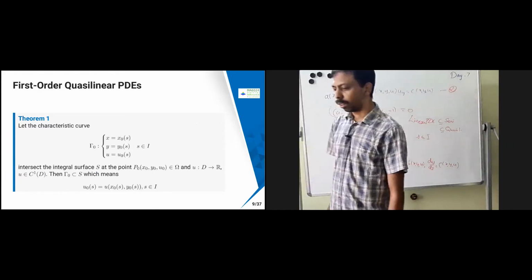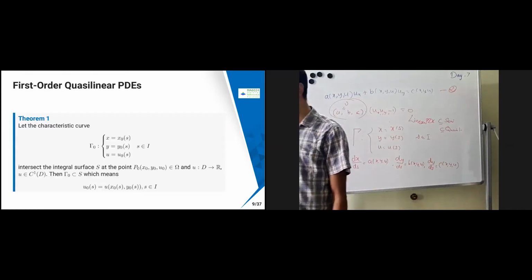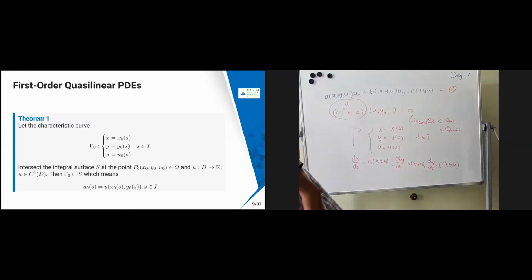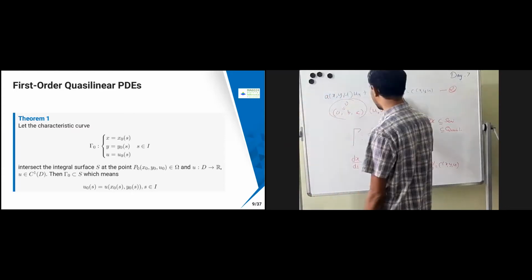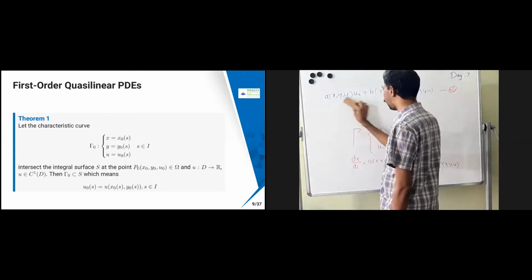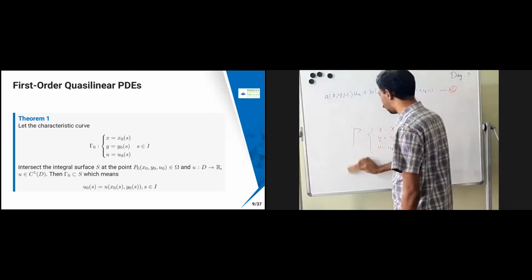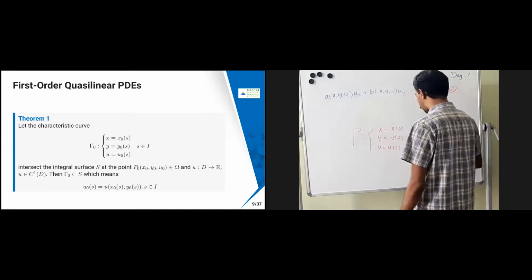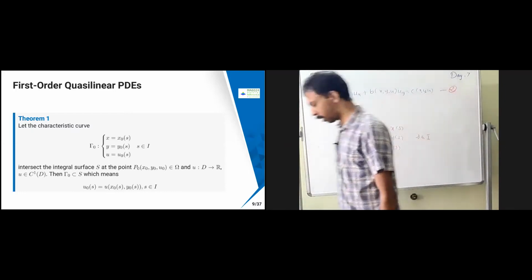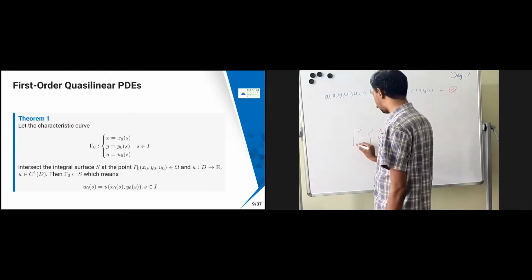Any doubts? Let's go to the theorem. Now we are trying to prove existence and uniqueness, but before that we establish some more results. We have a characteristic curve, and I have an initial curve gamma naught, like an initial condition for my ODE.